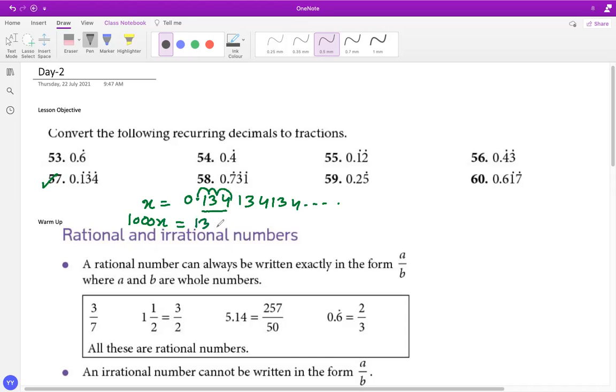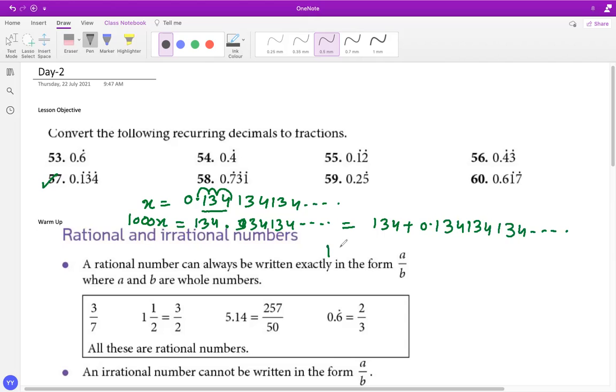So we get 1000x equals 134.134 and so on. Now we can further break this down as 134 plus 0.134, 134, 134 and so on.